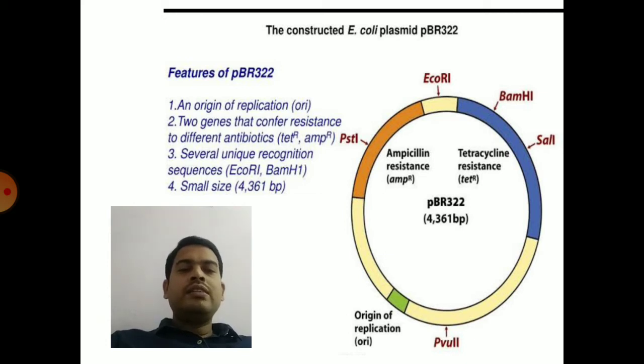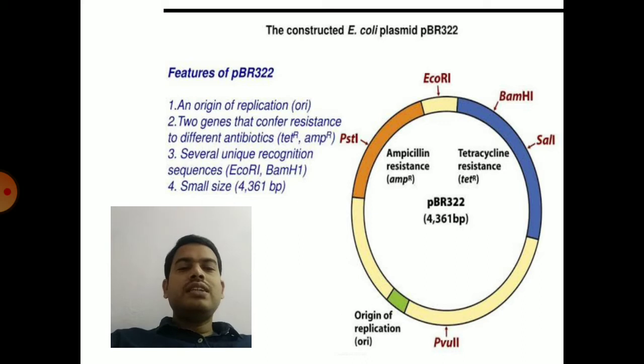So it has resistance markers like ampicillin resistance and tetracycline resistance, and an EcoR1 restriction cleavage site. At this EcoR1 restriction cleavage site, you can cleave the plasmid and insert your foreign DNA. The insert size I will mention in the upcoming slides.